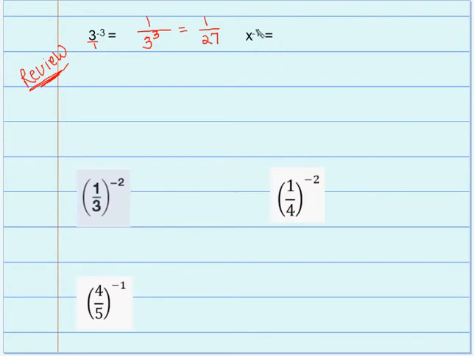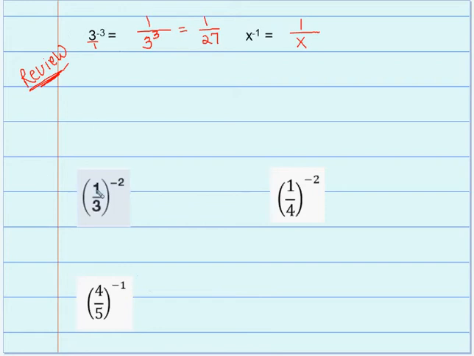This problem here, x to the negative 1 power, is just 1 over x. That 1 I don't need to write because it's already implied. So what happens when we have fractions as our base to a negative power? Well, it's the same concept.